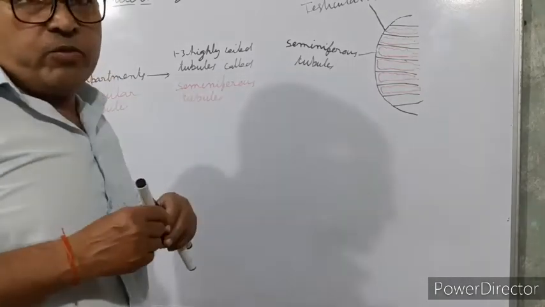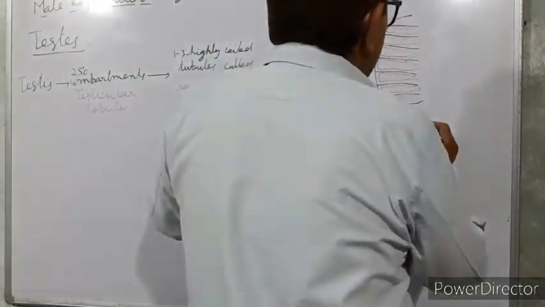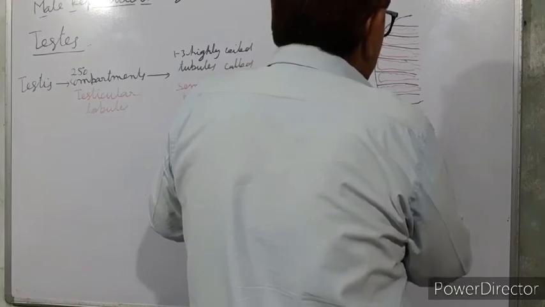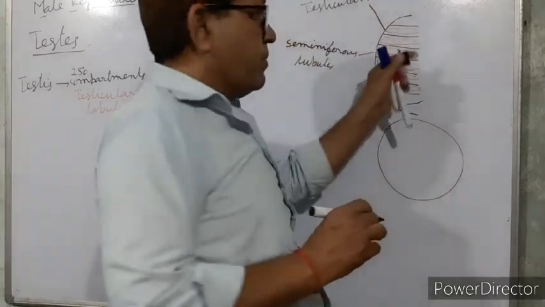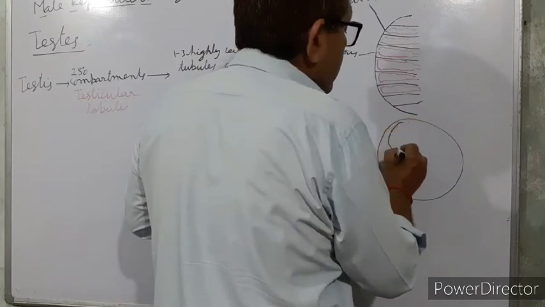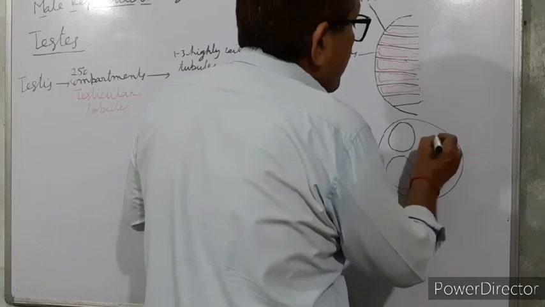Inside the seminiferous tubules, one more structure we have to study here is the TS of the testis. This is the VS of the testis, and the TS of the testis we are seeing here shows the seminiferous tubules.